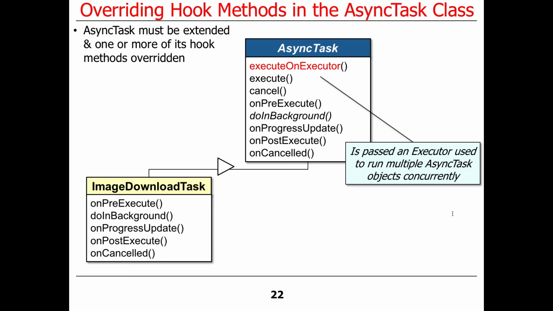Yes? So the question was, what happens if you call the execute method in some other thread other than the main thread? So you're not supposed to do that. If you do that, it might work. I think in that particular case, it'll end up dispatching things back in the user interface thread no matter what.